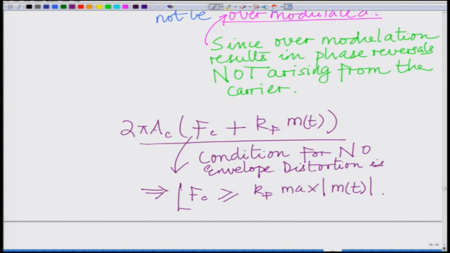So, this is the condition that we require.